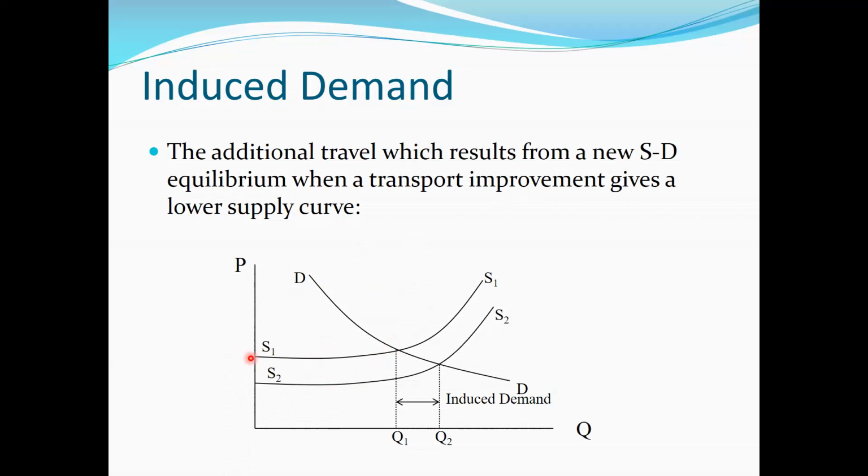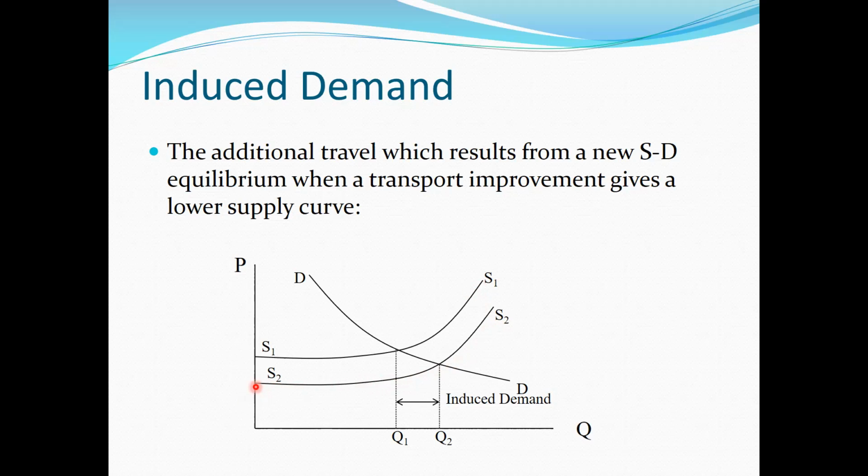In the short run, when you do move the supply curve, this S1 used to be your original link performance function, and now you made some improvements to your network. Let's say maybe you added a lane, or you did something to your network that brought down the supply curve in the short run. And the supply curve became S2, what used to be S1.